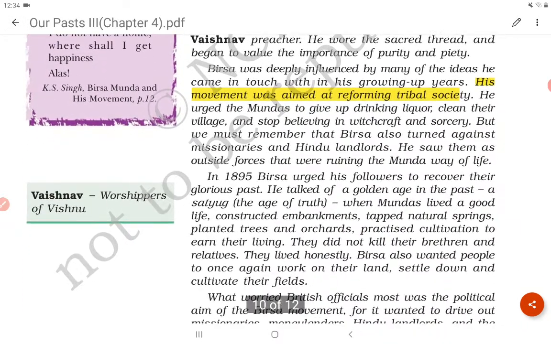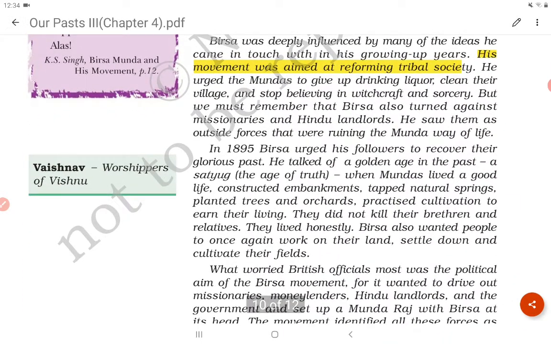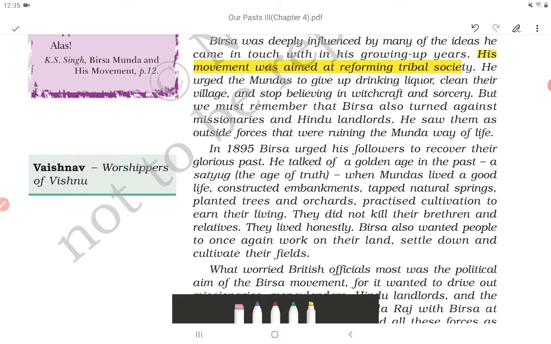He urged the Mundas to give up drinking liquor, clean their village, and stop believing in witchcraft and sorcery. But we must remember that Birsa also turned against missionaries and Hindu landlords. He saw them as outside forces that were ruining the Munda way of life.